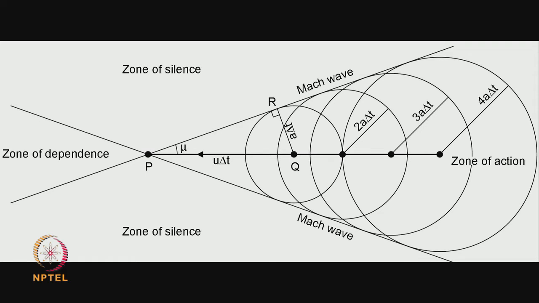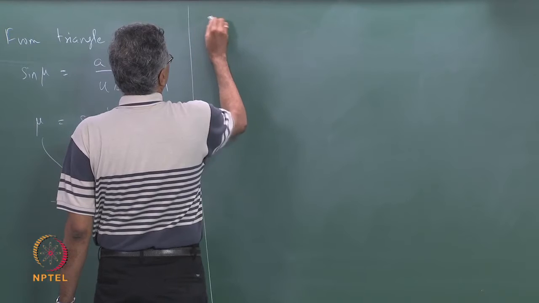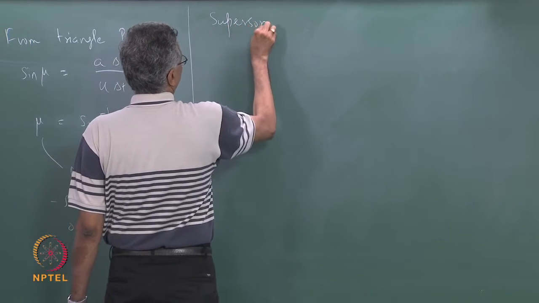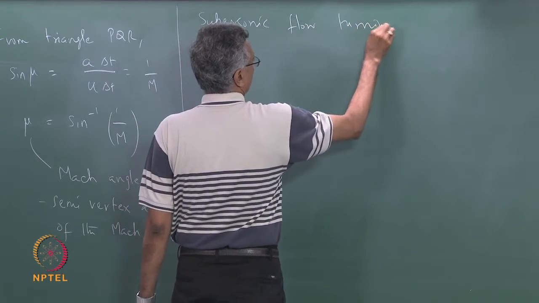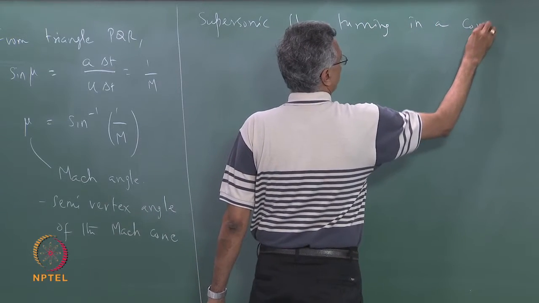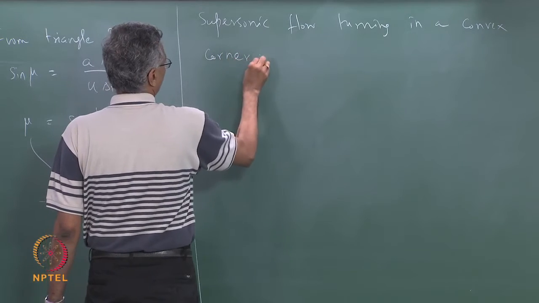Now if I look at a situation like this, let us look at a convex corner. We have already seen a sharp corner, now we are going to see a smooth corner.